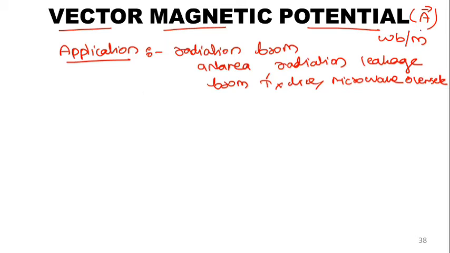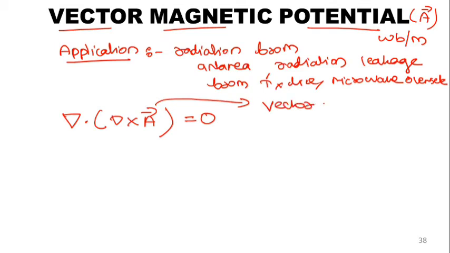So you know that it is denoted by A, and you know that del dot del cross A is equal to 0, where A is the vector magnetic potential.